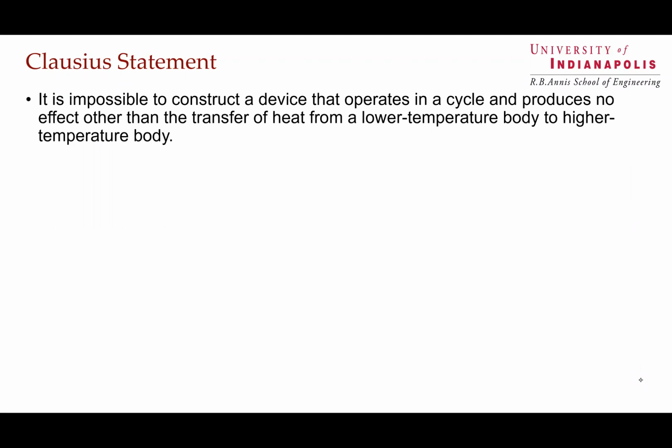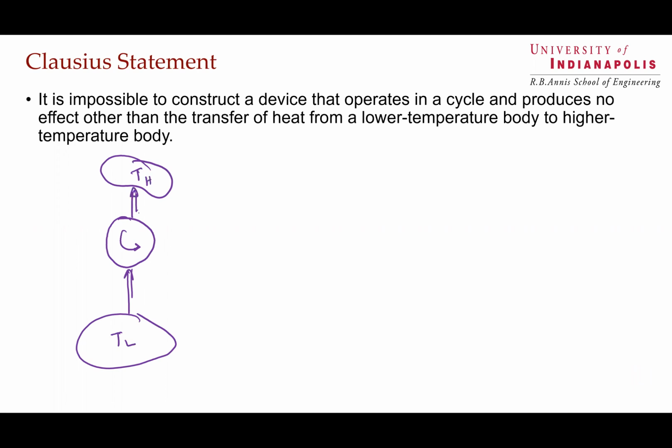The closest statement is for heat pumps and refrigerators, the Clausius statement. It says it is impossible to construct a device that operates in a cycle and produces no effect other than the transfer of heat from a lower temperature body to a higher temperature body. That means you cannot construct a cycle which transfers heat from a lower thermal reservoir to a higher thermal reservoir.